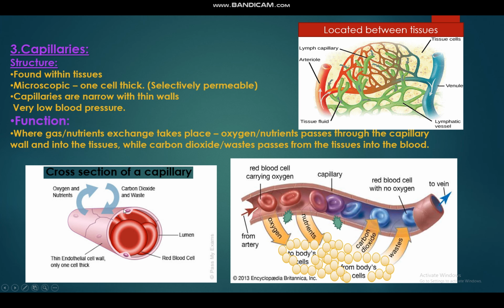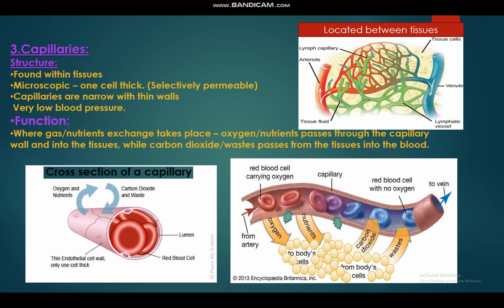Its wall is made up of a single layer of flattened cells, the endothelium. This endothelium is selectively permeable. It allows substances, that is the oxygen and nutrients, to diffuse from the capillary into the tissues, and it also allows substances to move out from the tissues into the capillary.